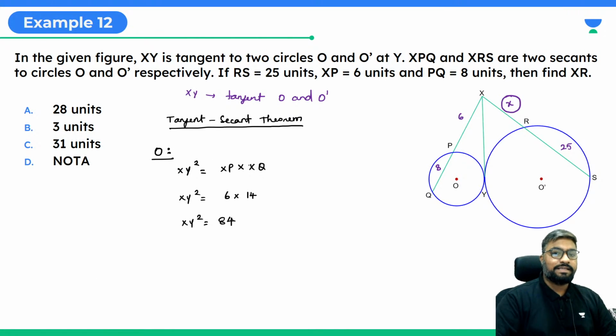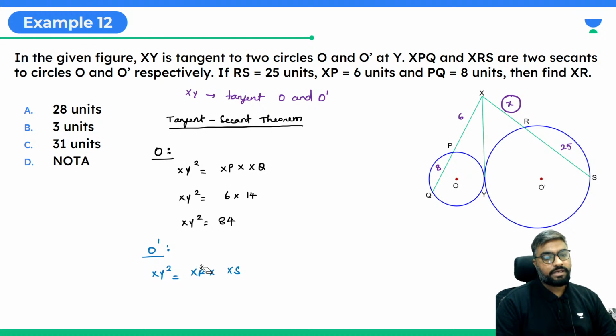Since XY is the same tangent for O dash also, for O dash what will happen? XY square should be equal to XR into XS, correct? XY square is 84, XR is x.